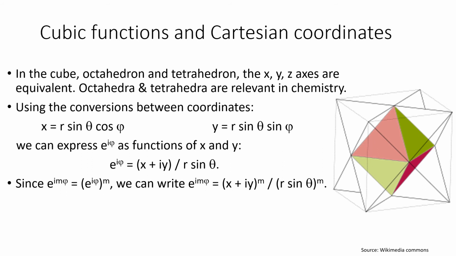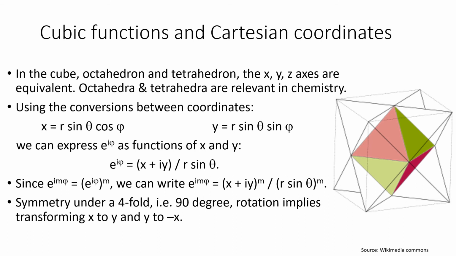Now, this has some significance for us, because as I've just got up on the screen here, if we're looking at this kind of cubic symmetry, that implies a kind of fourfold rotation. There are axes down the cube where you can rotate the cube by 90 degrees and the cube appears unchanged.